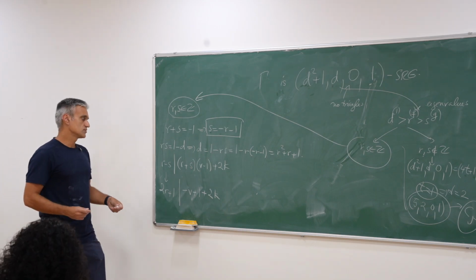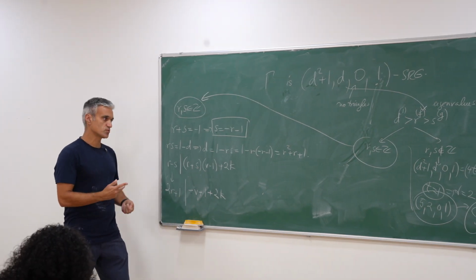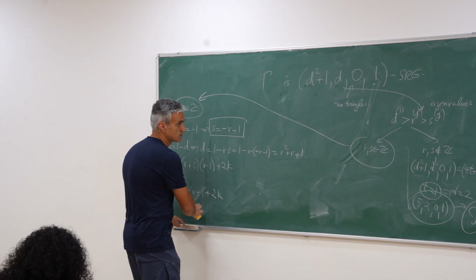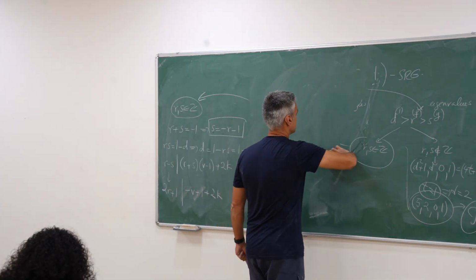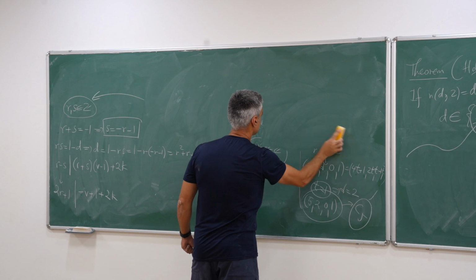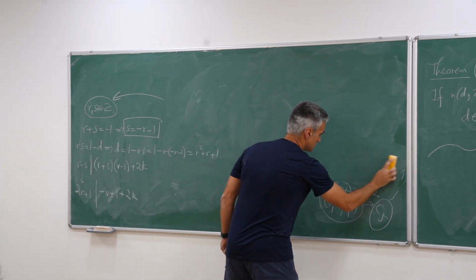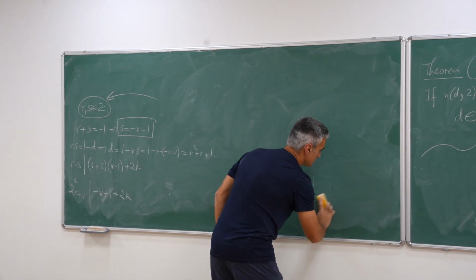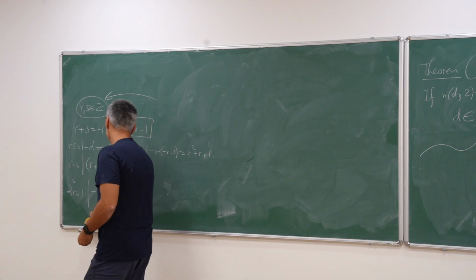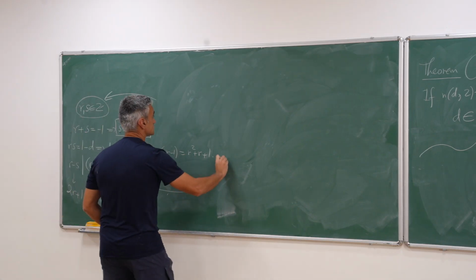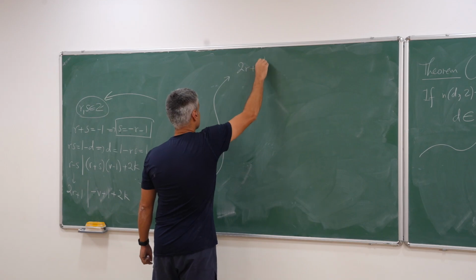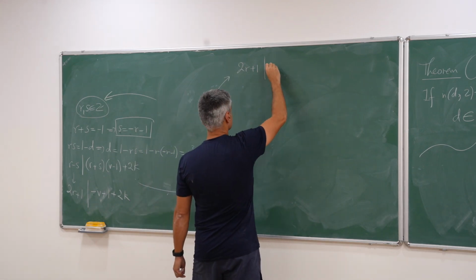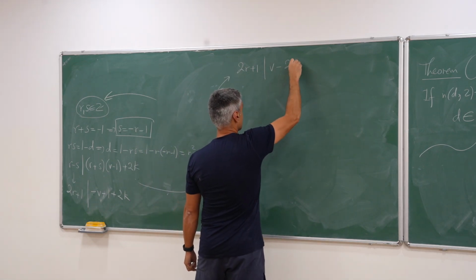Now you can imagine V is a larger one, so we will rewrite it in the following way. Let me erase it here. Two R plus 1 divides V minus 2K minus 1.